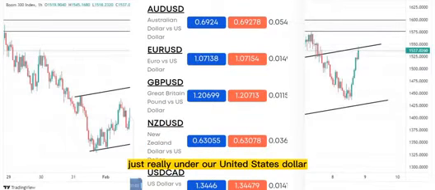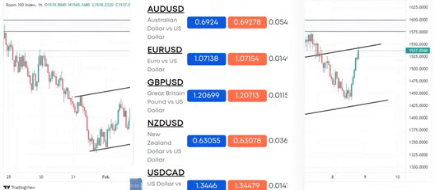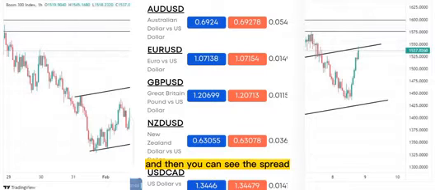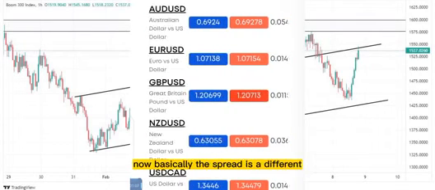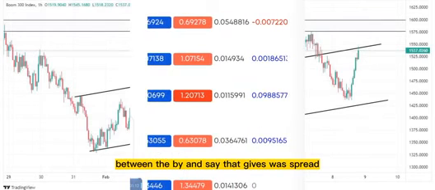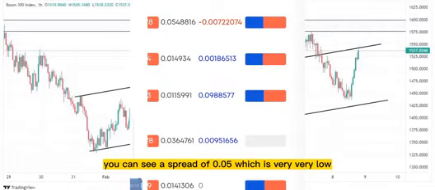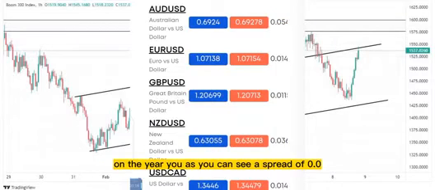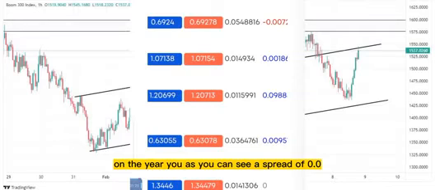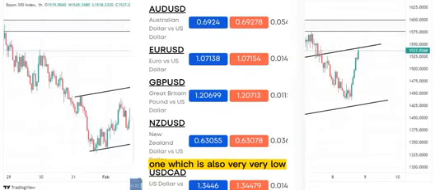You can see the buy and the sell side, and then you can see the spread. The spread is the difference between the buy and the sell. You can see a spread of 0.05, which is very, very low. On the Euro USD, you can see a spread of 0.01, which is also very, very low.